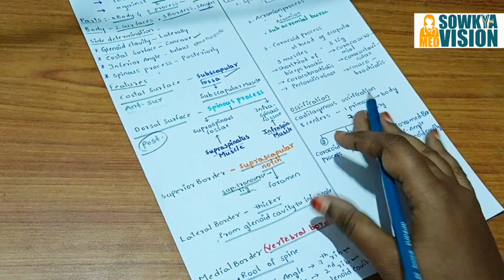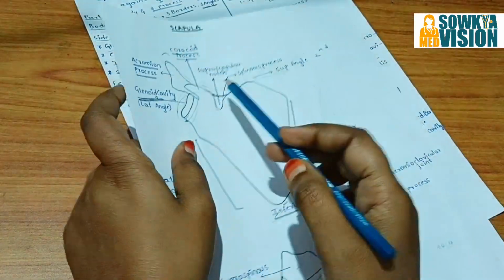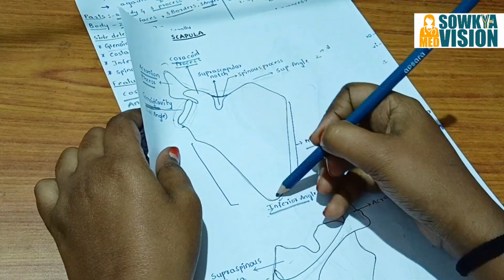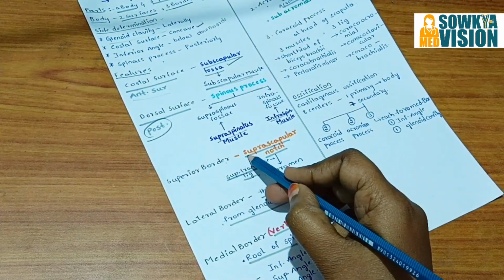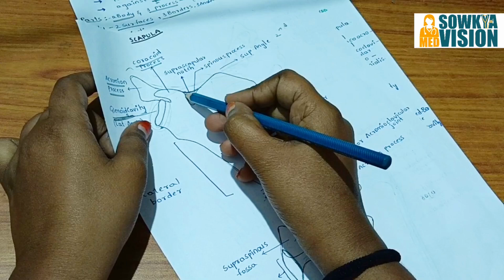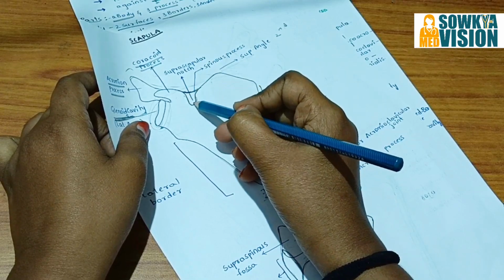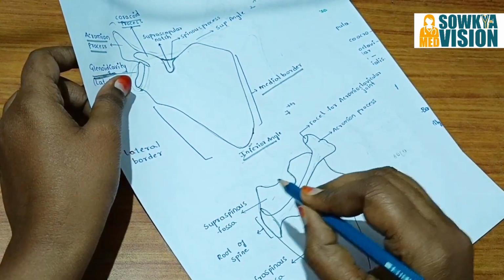Now, the superior border. There are three borders again: the superior border, the lateral border and the medial border. The superior border contains the suprascapular notch. This is the suprascapular notch in the superior border.